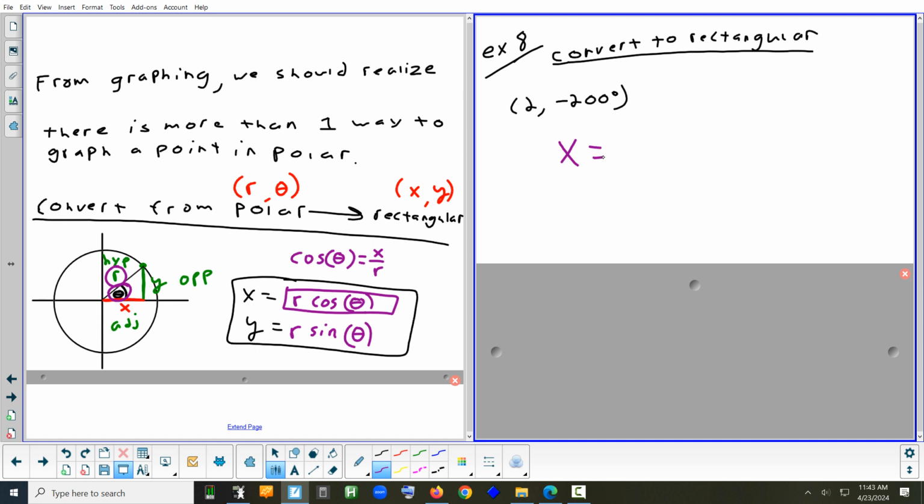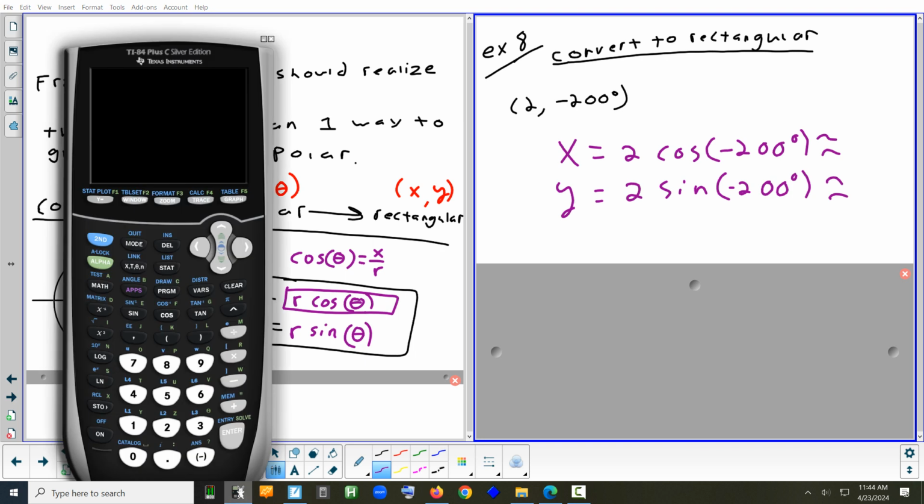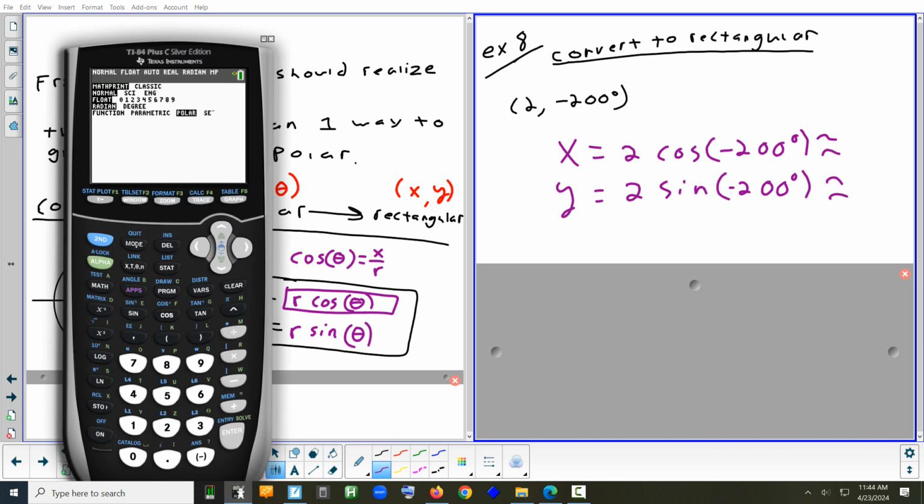Filling in the numbers that I have. 2 cosine negative 200. All right, and what's the formula for y? 2 sine negative 200. Now, are we doing that in degrees or radians? Degrees. Yep. So that's the first thing. Make sure you switch to degrees.